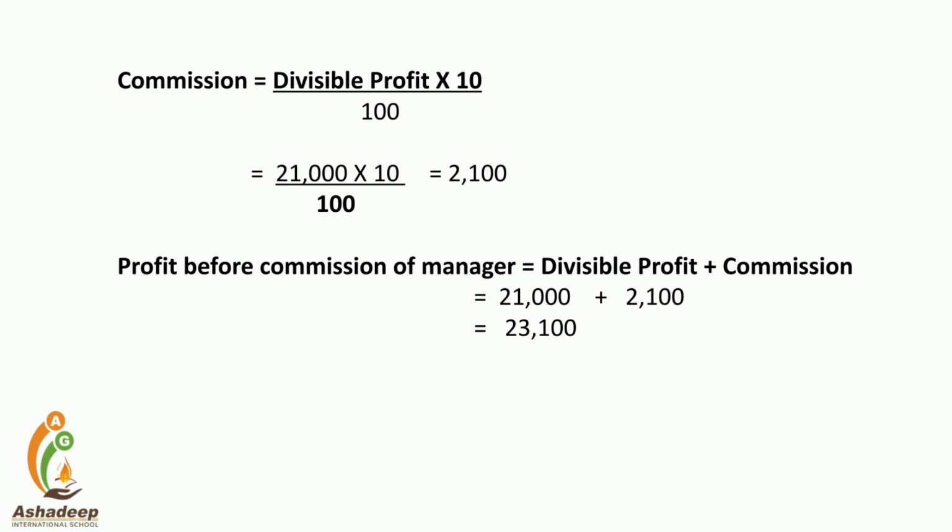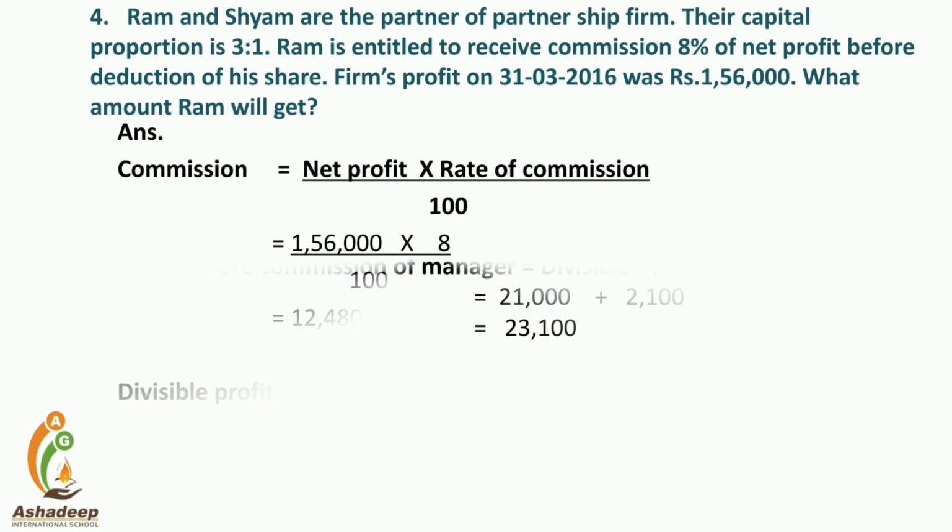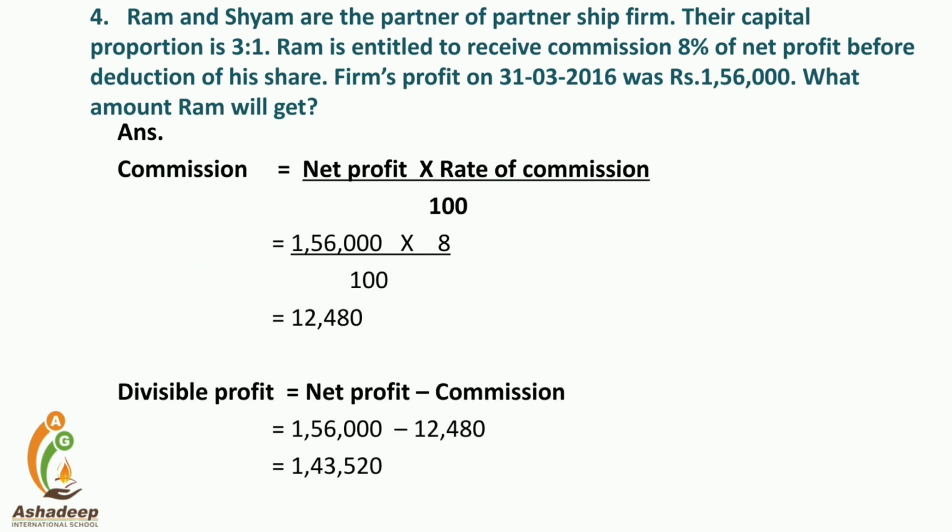Okay. Now move on to the next question. Here two partners are there. Ram and Shyam are the partners of a partnership firm. Their capital proportion is 3:1. Ram is entitled to receive commission of 8% of net profit before deduction of his share.